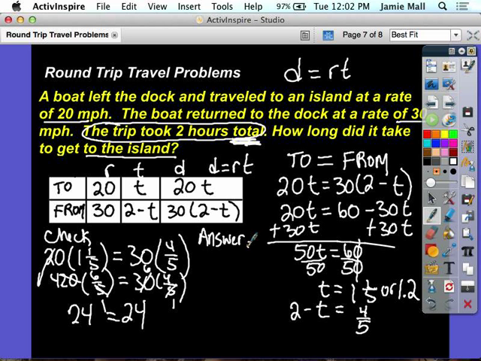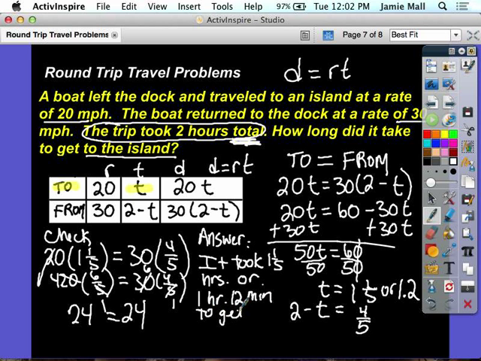Since we're talking about to the island, I'm looking back at what I answered for t, and I know that t is equal to 1 1/5, so I'm going to write it took 1 1/5 hours, if you want to convert that, or 1 hour, 12 minutes, which you don't need to do, to get there. And there's my answer.